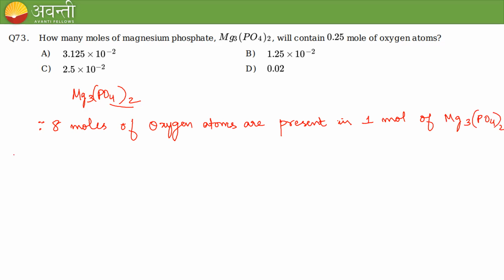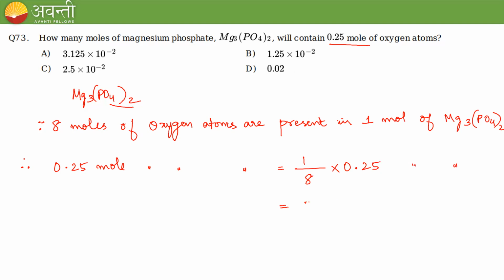Therefore, in the question they are asking for 0.25 mole of oxygen atoms, right? So 0.25 mole of oxygen atoms are present in 1 by 8 into 0.25 mole of magnesium phosphate.